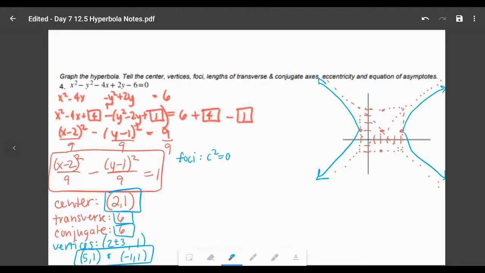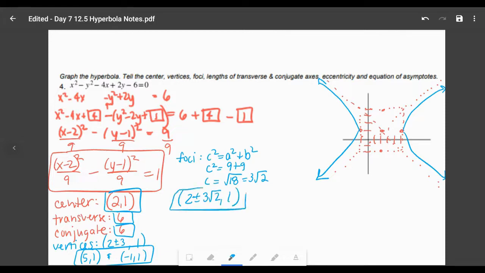Moving on, we are going to look at the focal points, and the foci rely on knowing what c is. So c squared equals a squared plus b squared, which is 9 plus 9. So c squared equals 18, and c equals root 18. But that simplifies to 3 root 2. We now need to add 3 root 2 to our center point. So it's 2 plus or minus 3 root 2, 1.